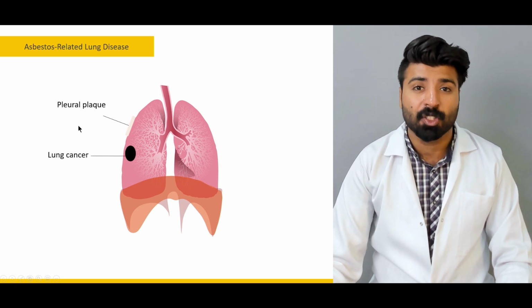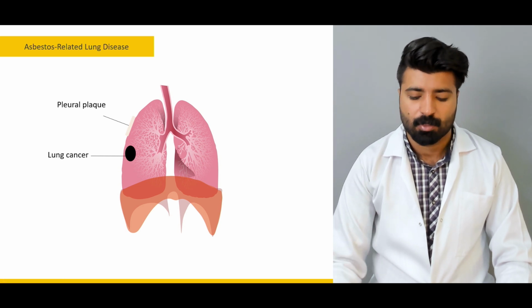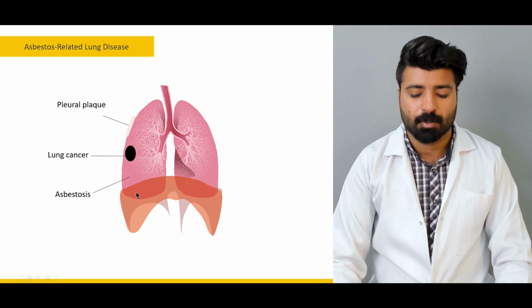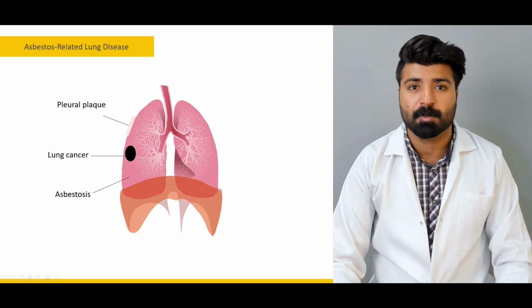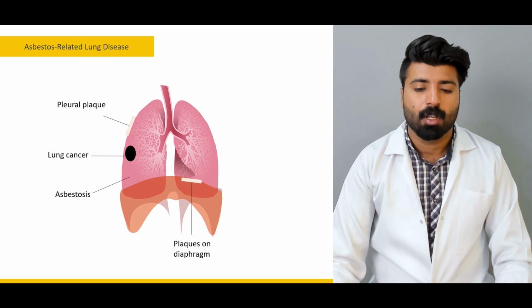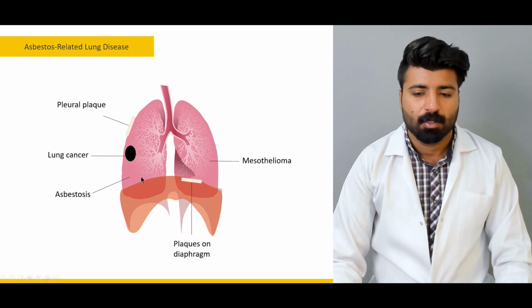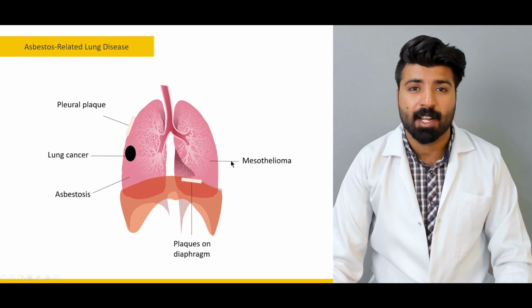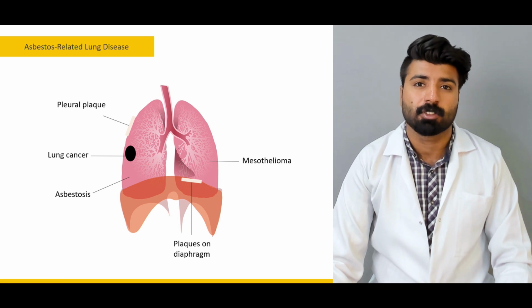Chances of lung cancer go up to 7 times. Asbestosis will happen obviously because it's being subjected to a large amount of asbestos for a very long time. Plaques on the diaphragm will happen, and the chances of mesotheliomas happening in an asbestos patient go up to 1,000 times, that much.